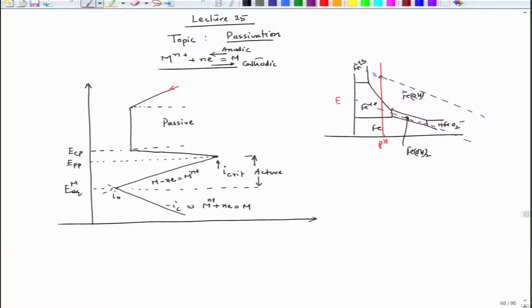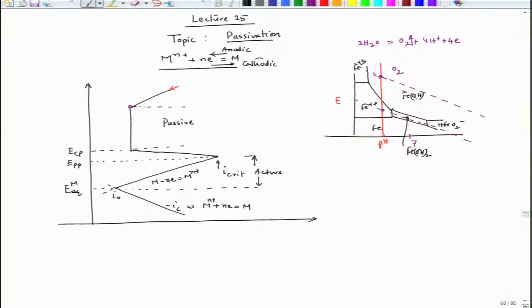So, this particular point corresponds to where oxygen evolution happens, and in this case, since this is 7, the pH is less than 7. So, the reaction would be H2O going to O2 plus 4H plus plus 4e. So, this oxygen gas will evolve, and here we can have the hydrogen evolution reaction.